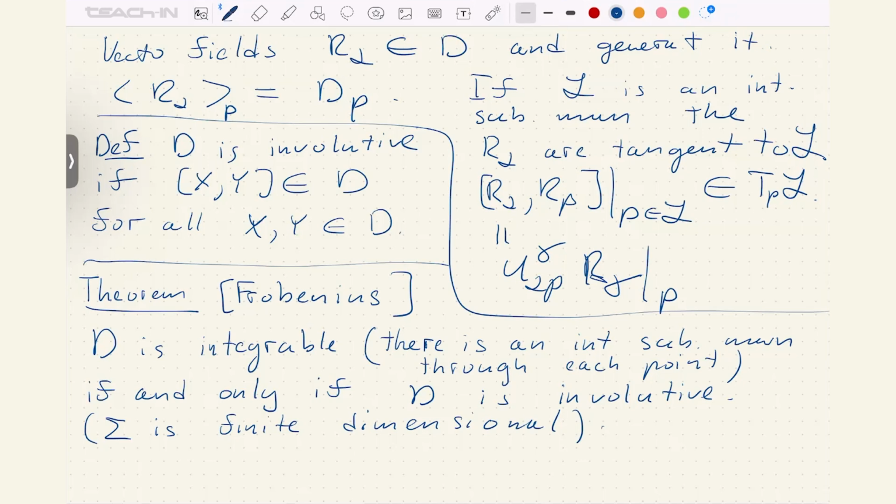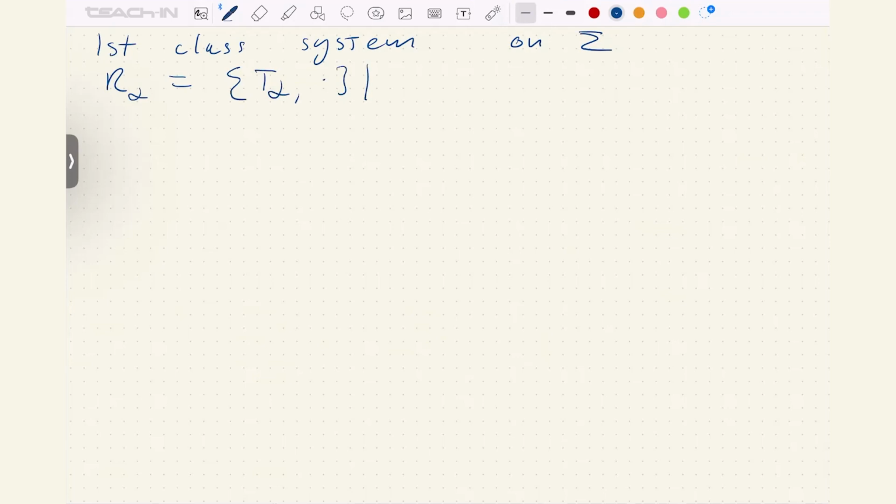And yeah, okay, I have to stop now. So you already see the idea. So what do we have in the case of a first class system? On sigma, we have R_alpha, which are restrictions of these guys to sigma.